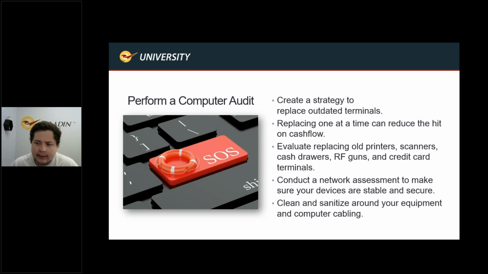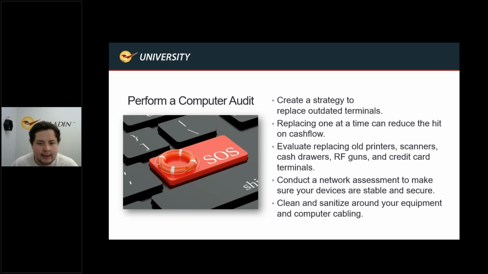Because the big problem right now is we see people calling in all the time with slow computer problems, and then it turns into this whole nightmare because they're running into so many problems with these slow computers. And again, replacing one at a time can really reduce the hit on cash flow, because I don't think you really need to replace every single computer, every single piece of hardware in your store.